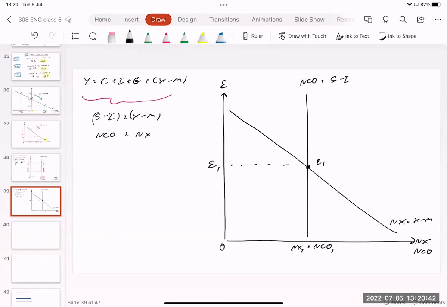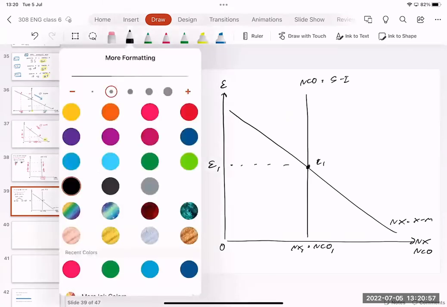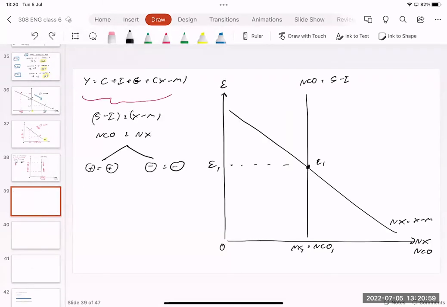As I told you before, it's going to be the case of positive equal to positive and negative equal to negative. However, this graph is in the positive area, because it's on the right side of 0. So we're going to focus on this case: positive equal to positive.